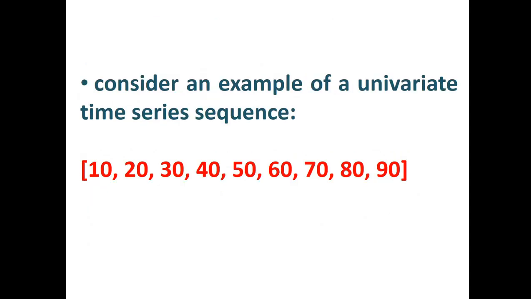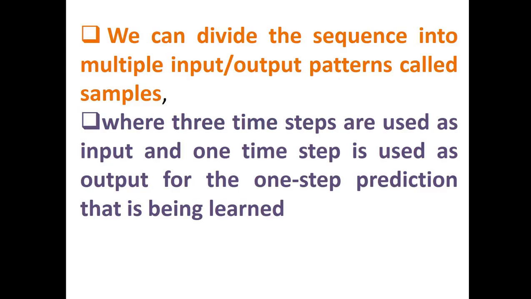Consider an example of a time series which we discussed. We can divide the sequence into multiple input and output patterns called samples. Here in our case, 3 time steps are grouped together and used as the input, and 1 time step is used as output for the 1-step prediction that is being learned.